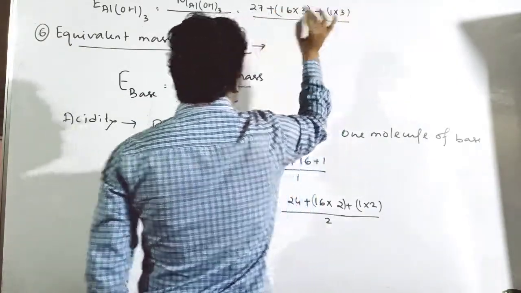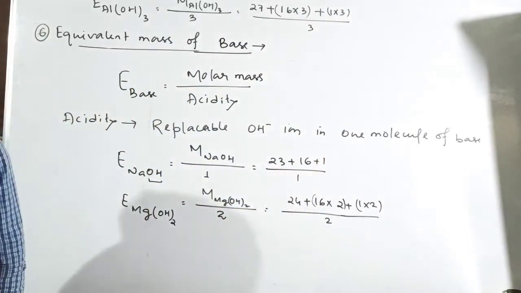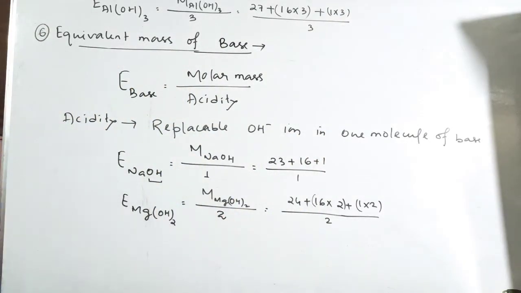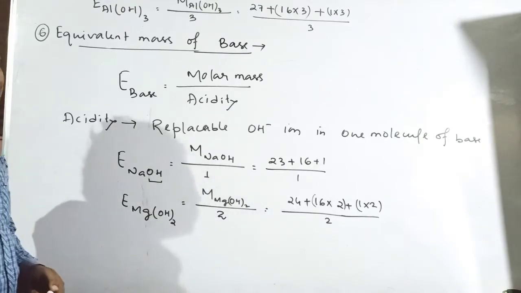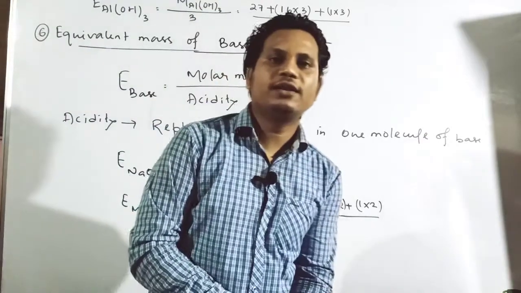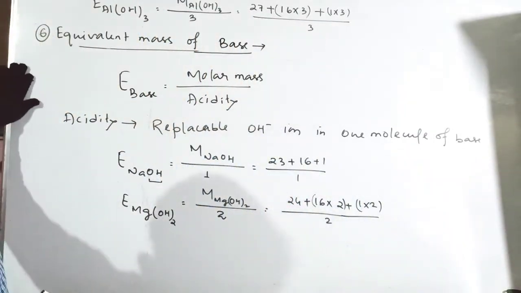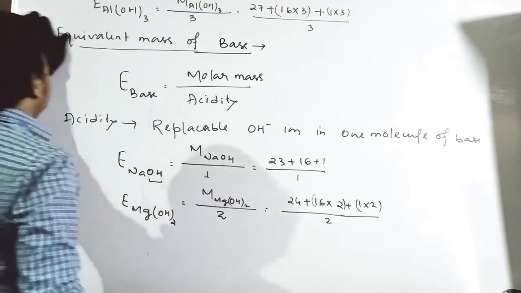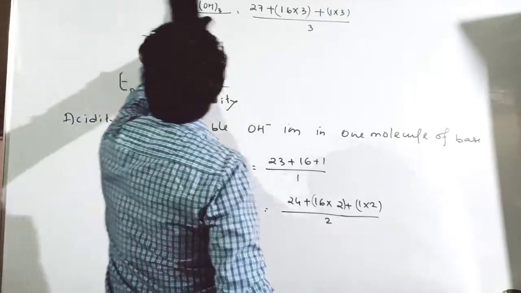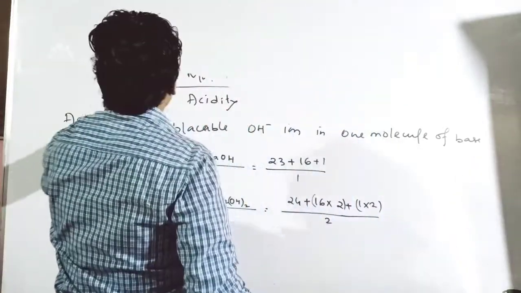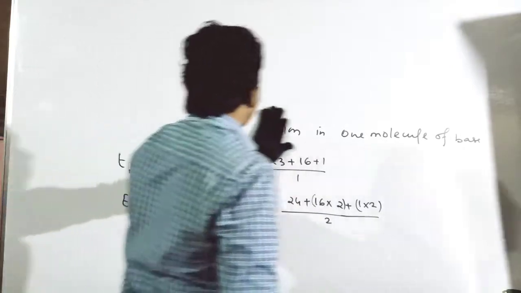So in this way we can find the equivalent mass of base. Okay. After that we will proceed to finding the equivalent mass of basic salt. So point number 7. Equivalent mass of basic salt. How can we find the equivalent mass of basic salt?